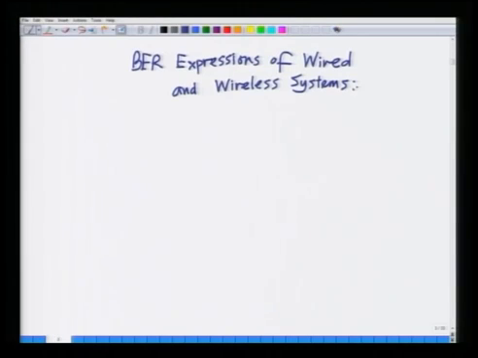Let us look at the bit error rate of wired and wireless systems. Let us start with the wireless system.